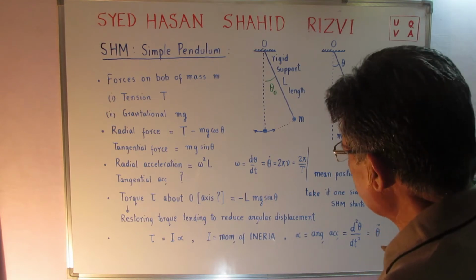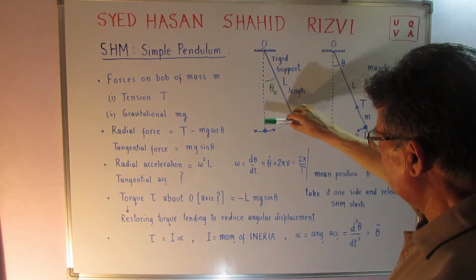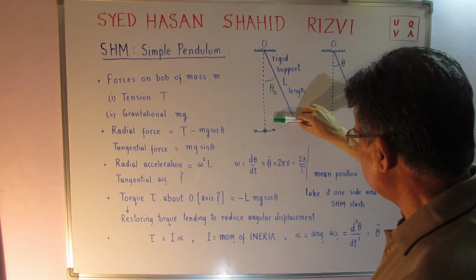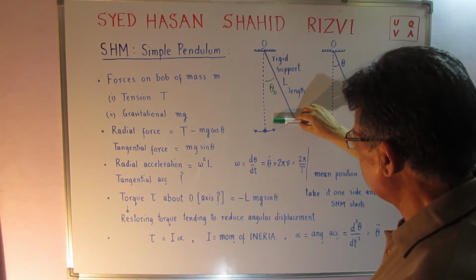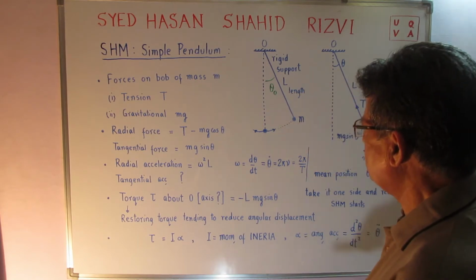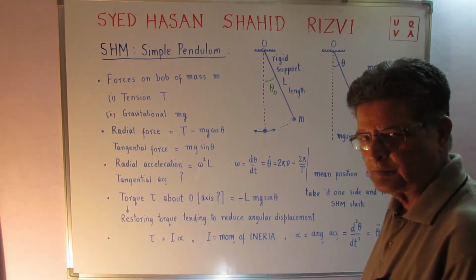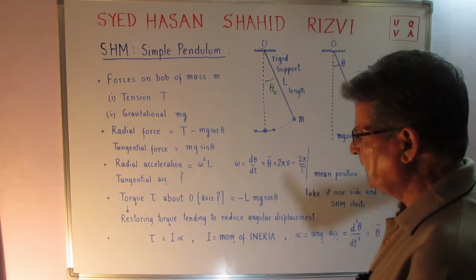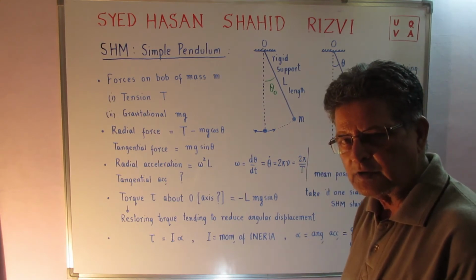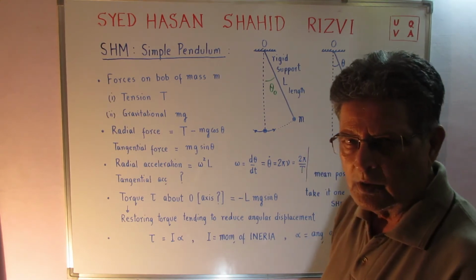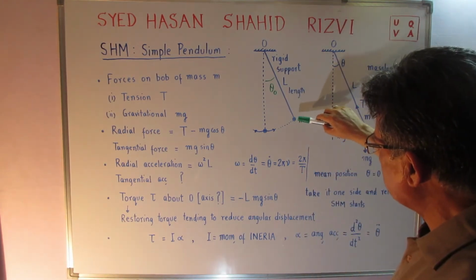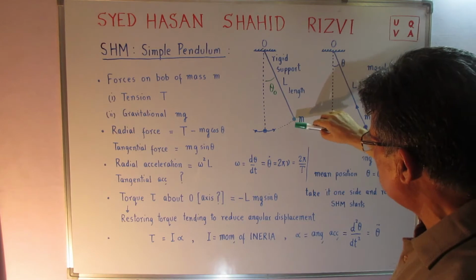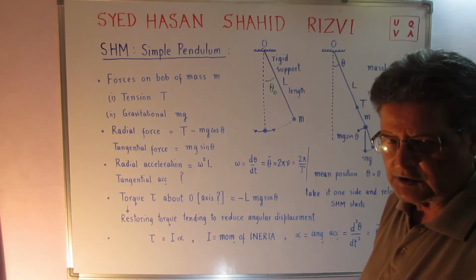Thereafter, what happens? Right now you can see that the level of the mass is here, which is some distance above the mean position. Right now it has no kinetic energy because it is going to be released with a velocity equal to 0. Right now all energy encompassed over here is potential energy.